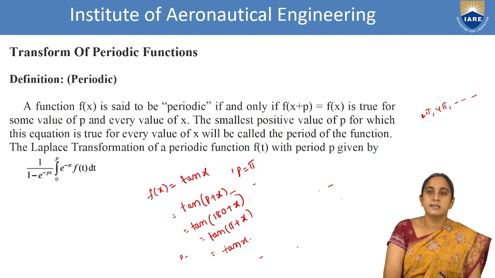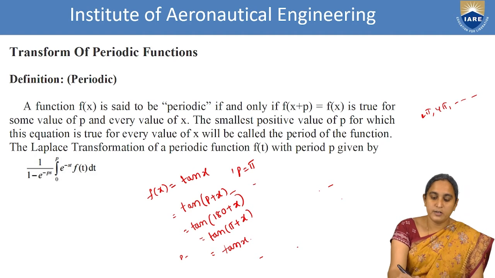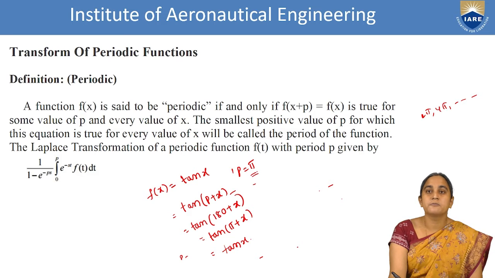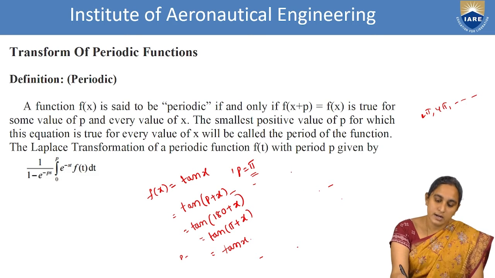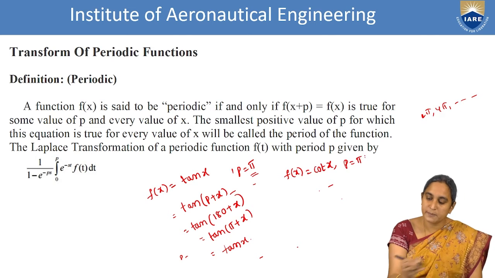If you take p is equal to pi, then f of x is equal to tan x. And I'll take one more example, f of x is equal to cot x. I'll check the same period here, p is equal to pi.